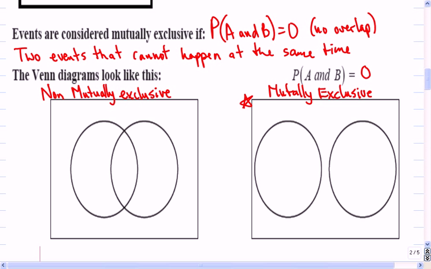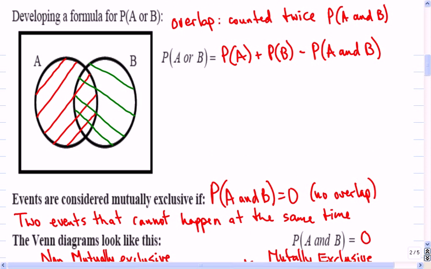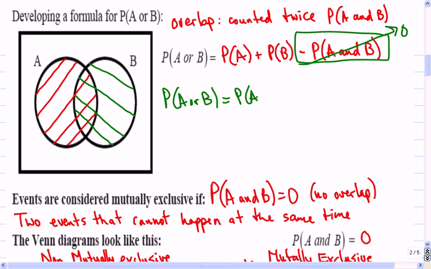So one nice thing about mutually exclusive events, if they can't happen at the same time, that means there's no overlap. So this part of our formula is a 0. So for mutually exclusive events only, it simplifies the formula to just the probability of A or B is just A plus B, if A and B are mutually exclusive.